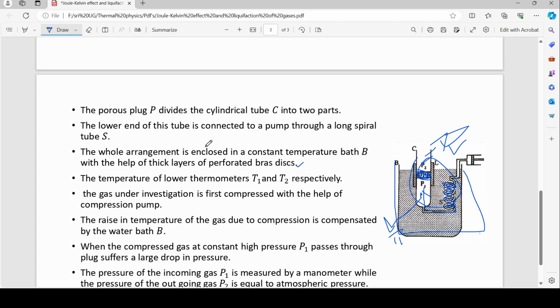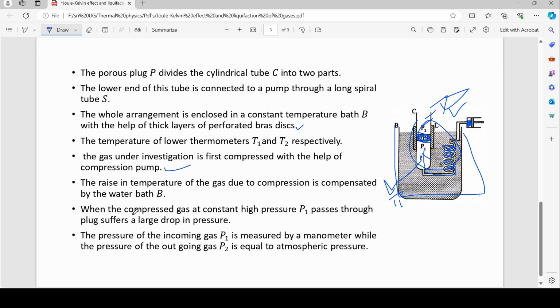To measure the temperatures, the gas under investigation is first compressed with the help of a compression pump. So the gas for which we want to know whether its temperature rises or decreases is kept here. It is a compressor. The rise in temperature of the gas due to compression is compensated by the water bath.